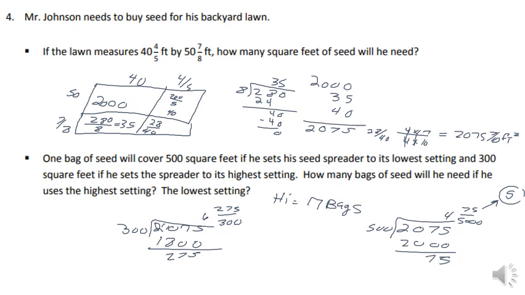Well, hold on. Let's look at this other one for a second, because it says it was actually 7/10. So let's see if we'd end up more than 7 bags for the high setting real quick, just to make sure. Because we had 275 300ths and 7/10.